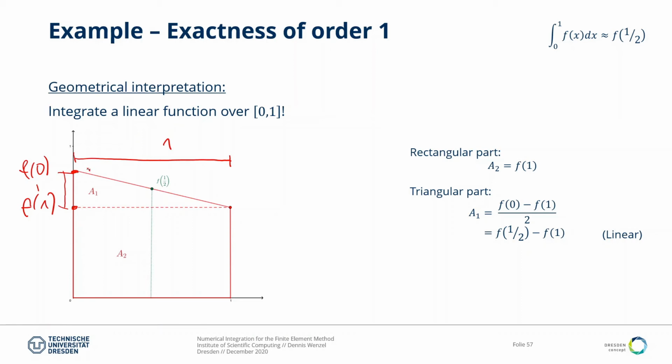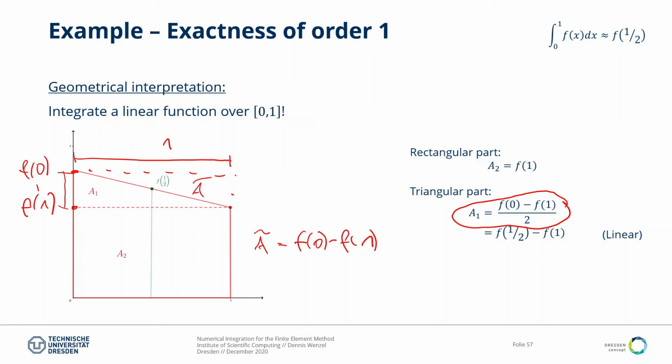If I would draw a rectangle out of this, its height would be f of 1 minus f of 0. But we're not interested in a rectangle, we're interested in the triangle, so that's 1/2 times this. Okay, it's not f of 1 minus f of 0, it's f of 0 minus f of 1, sorry. And then we take 1/2 of this.